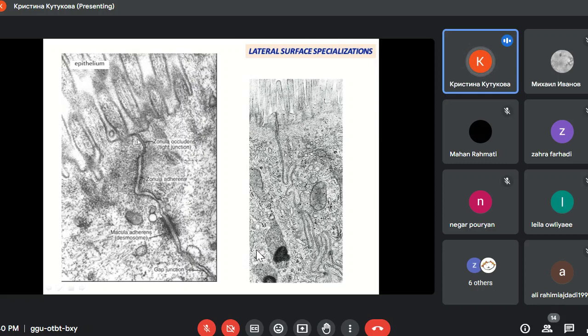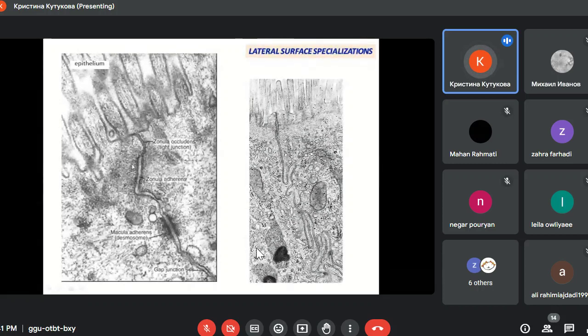Zonula adherens has no fibrillar structures here, just two membranes which are attached together very closely. And it is the first contact when we go from the top part of the cell to its bottom part.